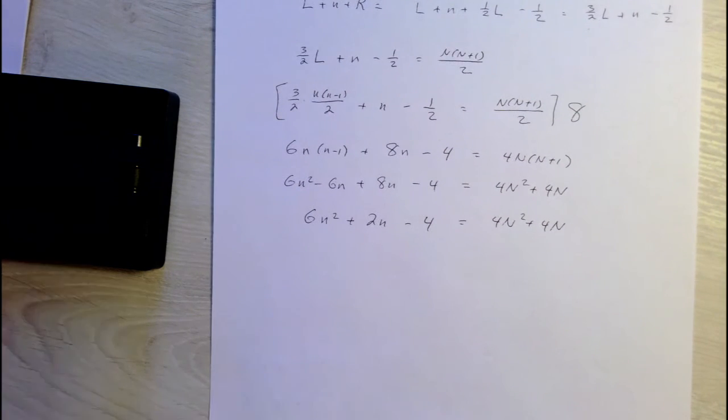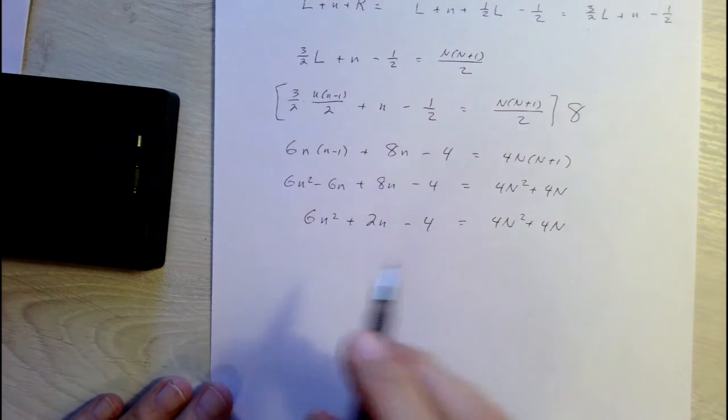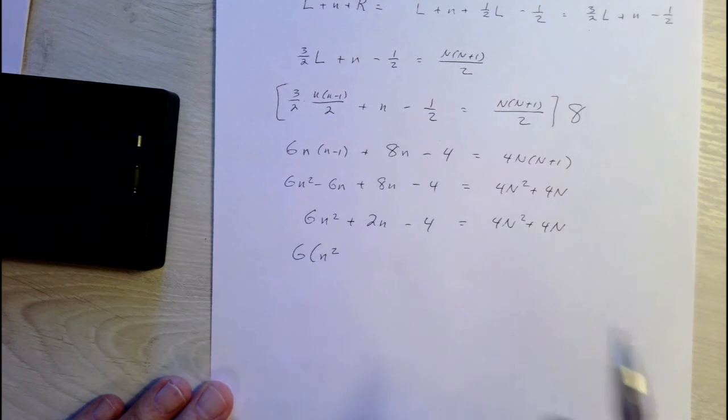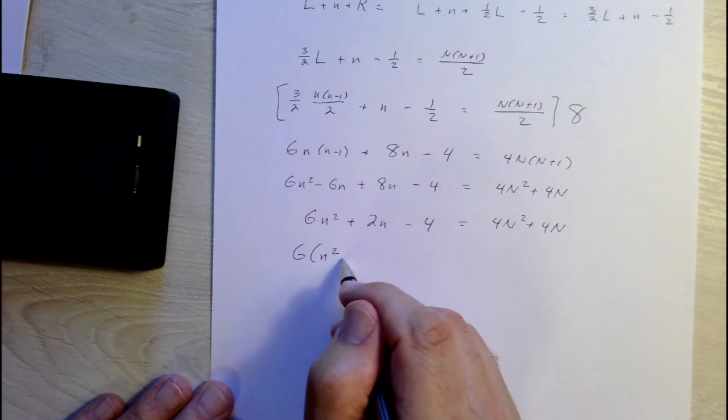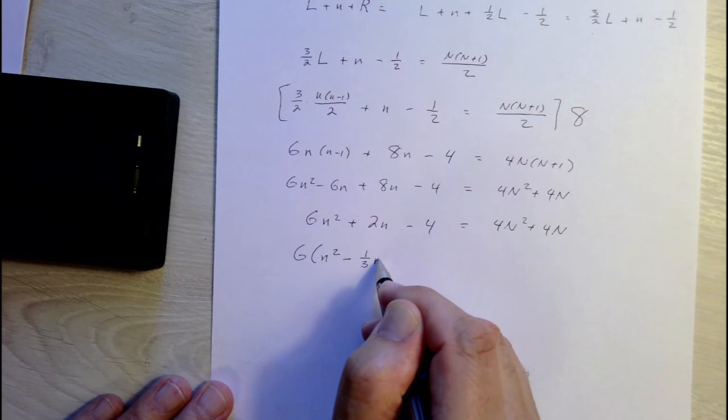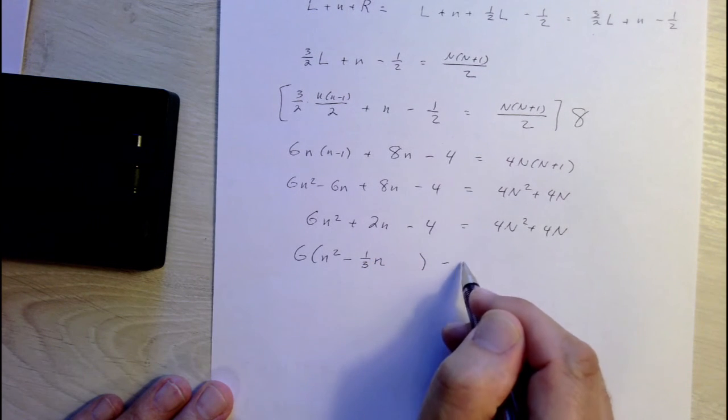And now we can go about completing the square on both sides. We can first factor out this 6, and this becomes n squared minus 1/3 n. I'm going to leave the 4 over here.